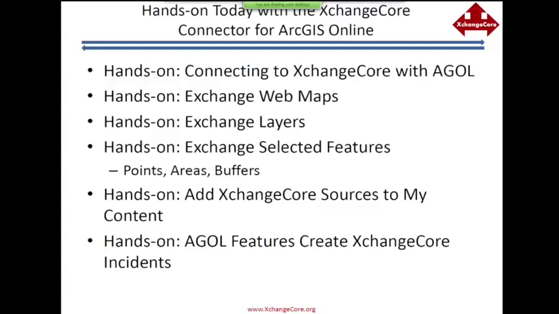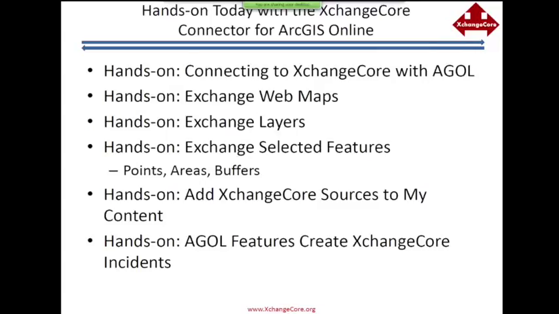I just want to exchange a few layers. We'll exchange those. I'm going to exchange some selected features, some individual points, or some things that are in polygons or buffered. Then, if we have time, we'll take a look at moving this data back into my content and creating incidents with it. So that's our task for today.